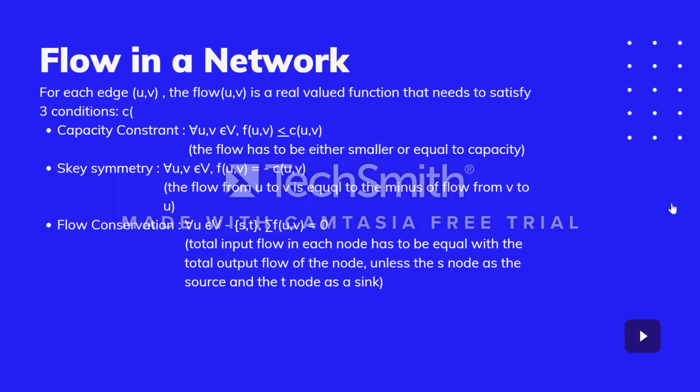It states that the total input flow in each node has to be equal to the total output flow of the node, unless the node is the source S or the sink T. So the total output must have the same value as the input.